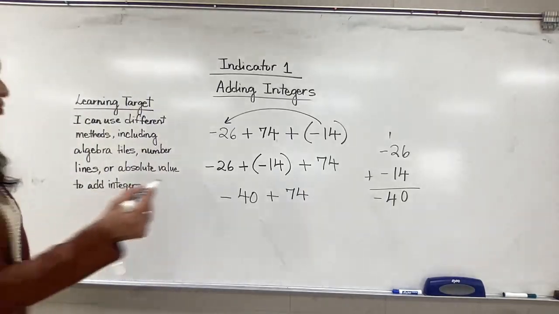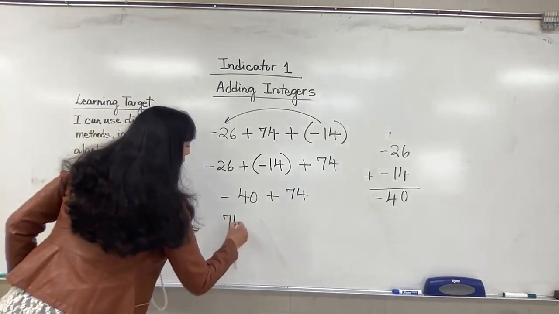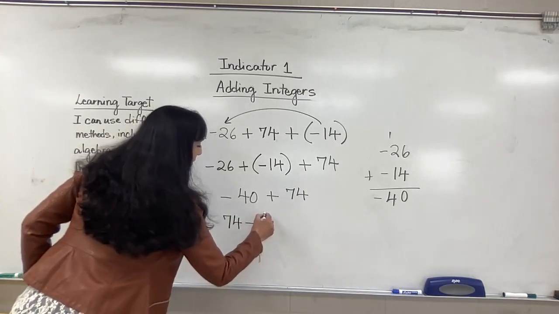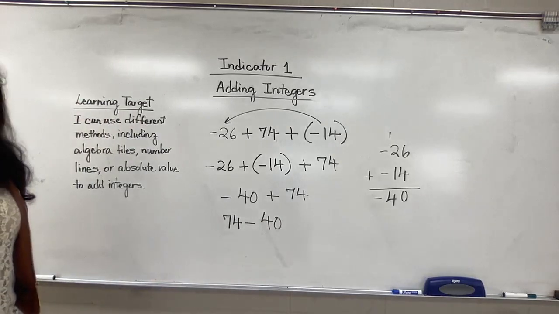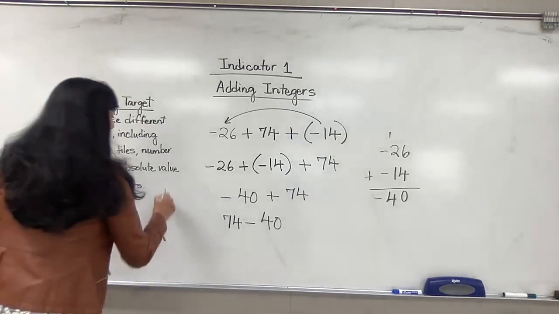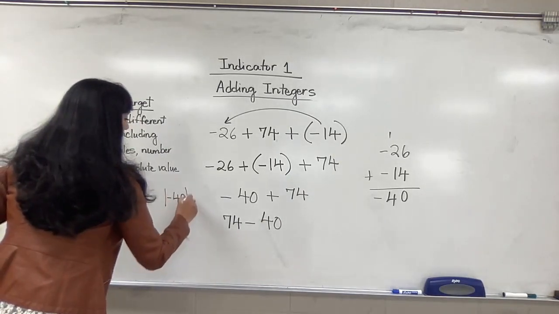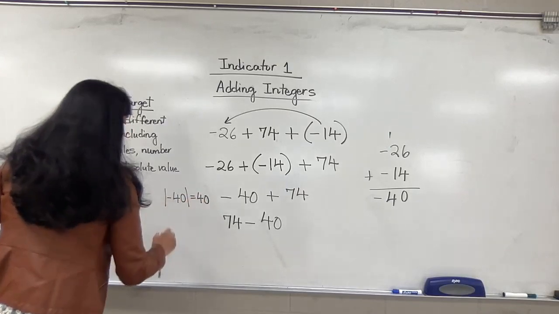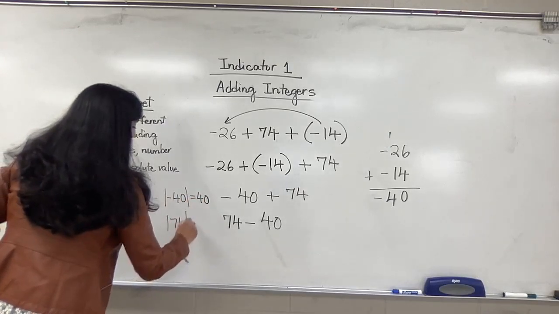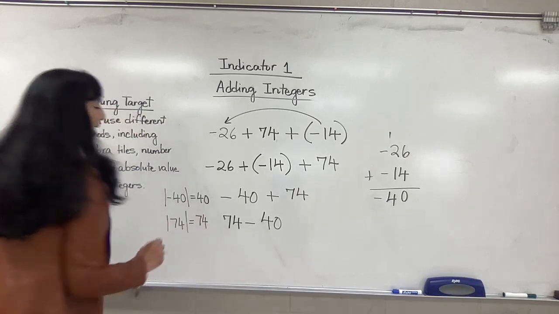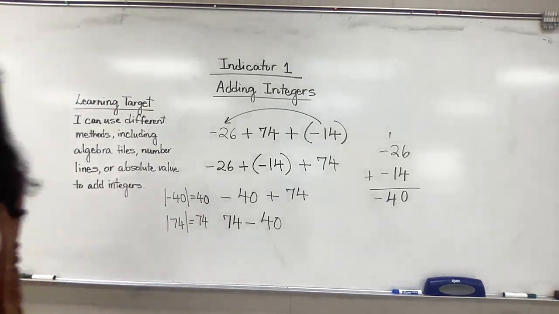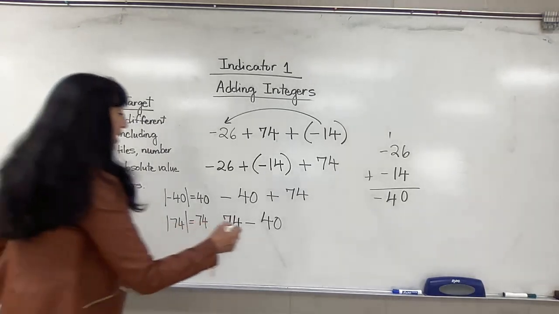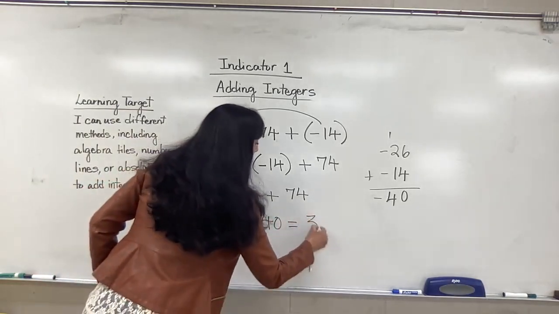So I am going to do 74 minus 40. I am going to subtract the smaller integer from the greater integer, and I am going to get 34.